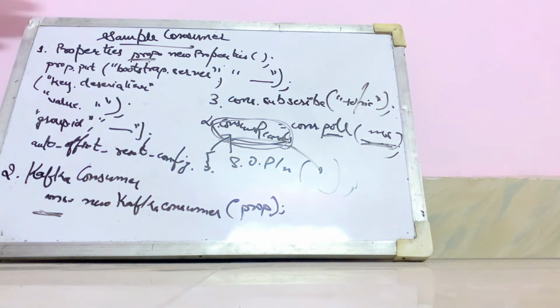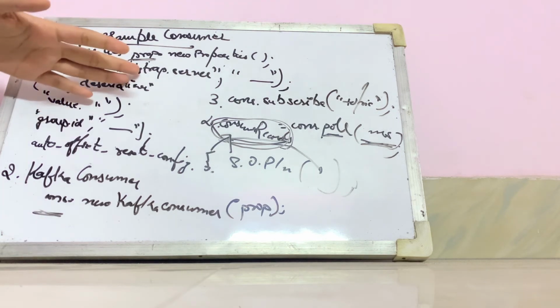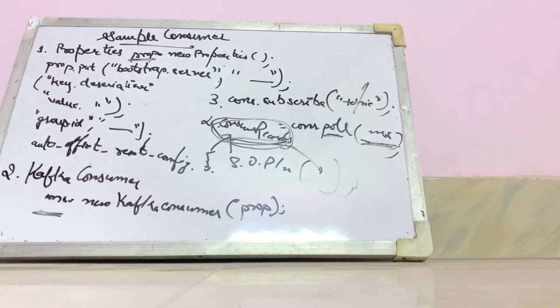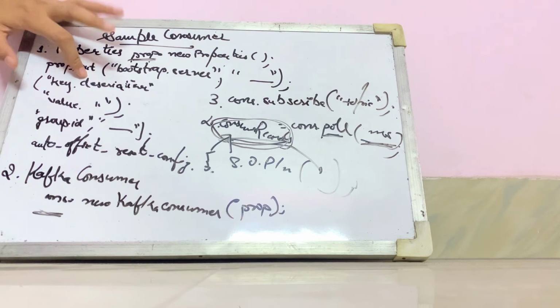So these 5 steps we require to build our Kafka consumer. Number 1 is the properties. In properties, we should know our bootstrap server details, to which bootstrap server our Kafka consumer should connect. Then, since everything is stored in a serialized way in the Kafka server, we need to deserialize our key and value.